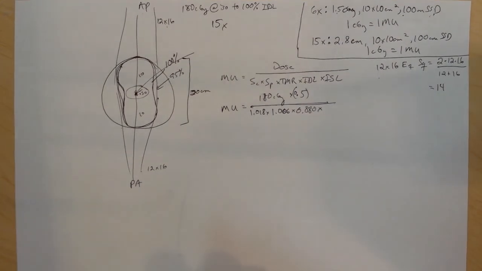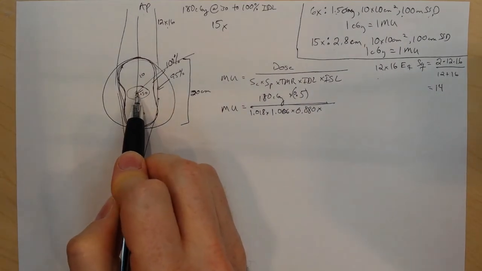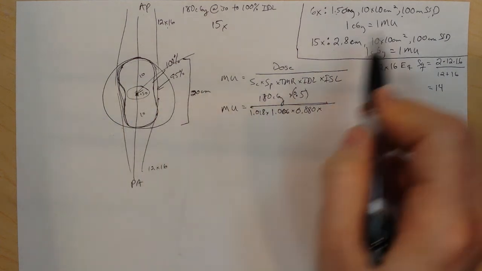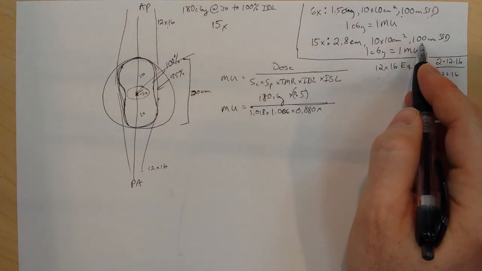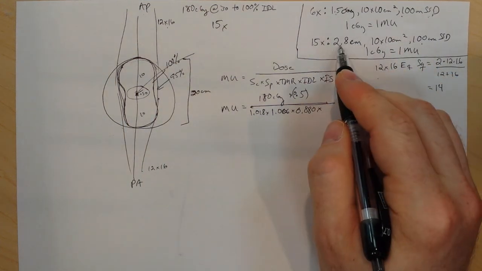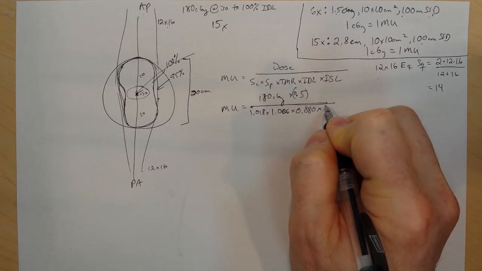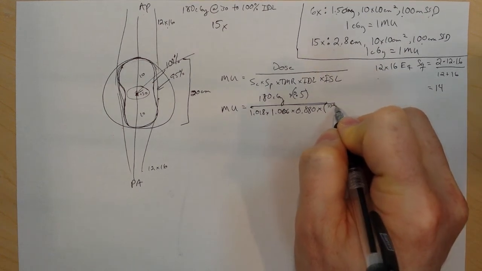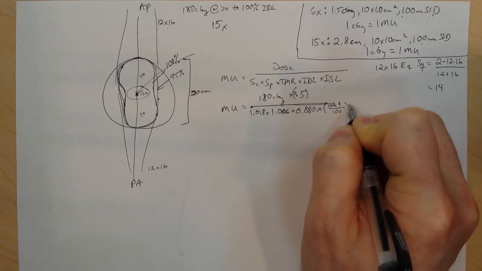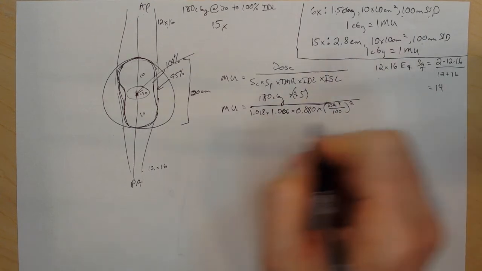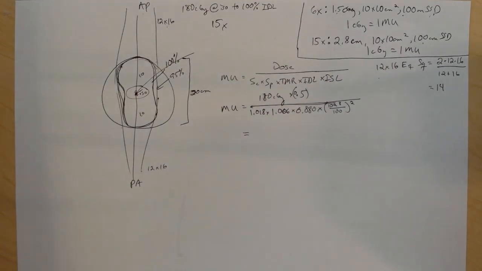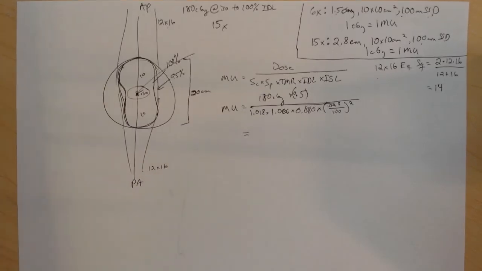And my inverse square law for this, because I'm calculating to a point at 100 centimeter SAD, but my machine is calibrated at 100 centimeter SSD plus 2.8, I'm going to get 102.8 divided by 100 squared. Okay? So let's plug and chug through this.